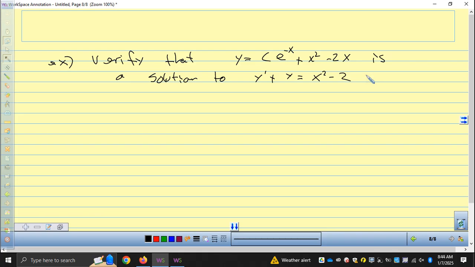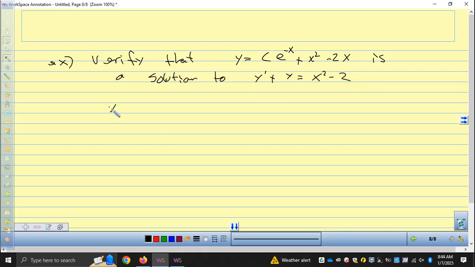When we're verifying a solution, we're just doing these derivatives, adding the derivative to the function, and seeing if we get x squared minus 2. So we're doing the operations on one side and seeing if we get the other side.